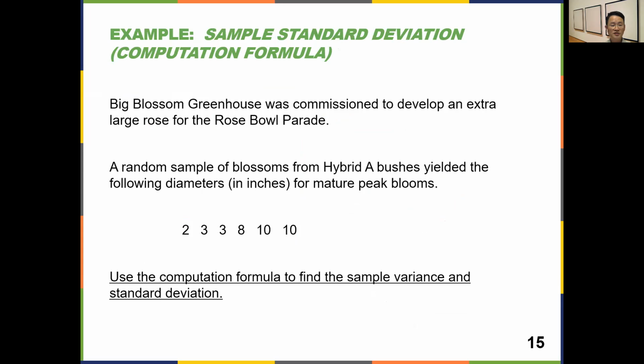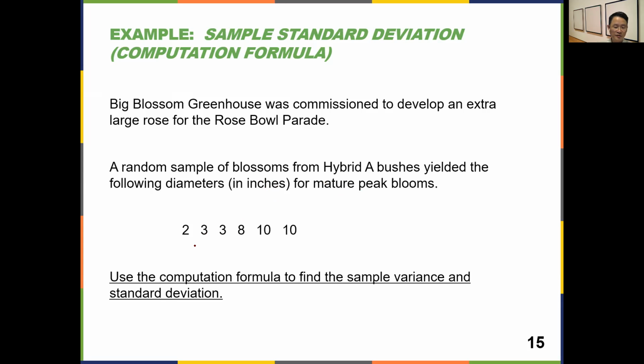Big Blossom Greenhouse is a company that developed extra large roses for the Rose Bowl parade. They have this random sample of, I guess, the rose bloom diameter in inches.